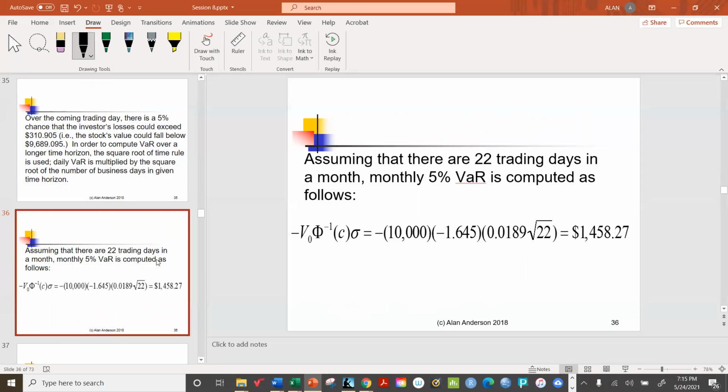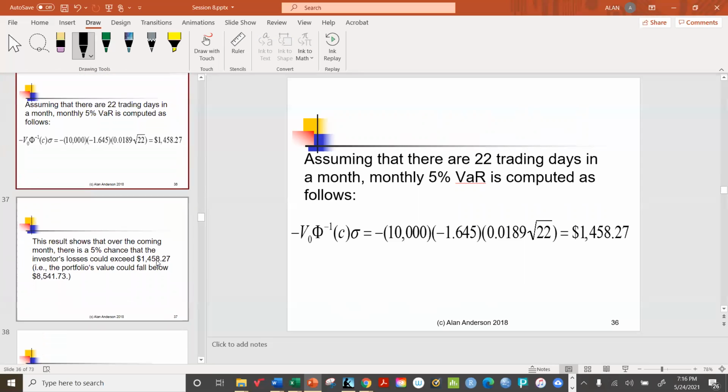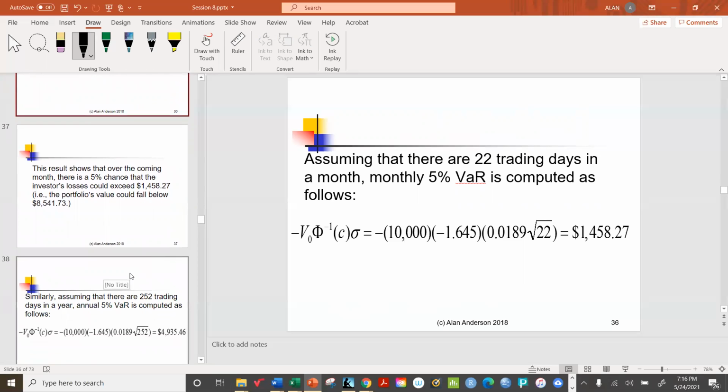Okay. And then I think we've got annual too. It's going to be a big number with annual. With annual, we're going to assume 252 trading days. So here, this is my new volatility. The monthly equals daily times radical 22.